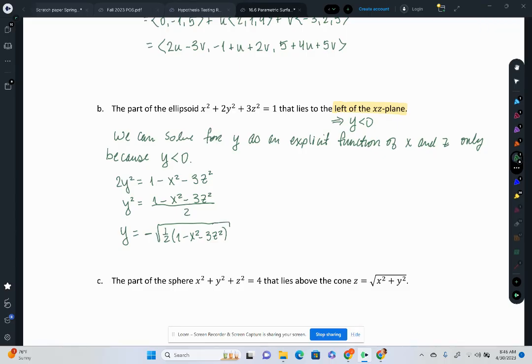Okay, so we have y as an explicit function of x and z. That means x and z will be our parameters.